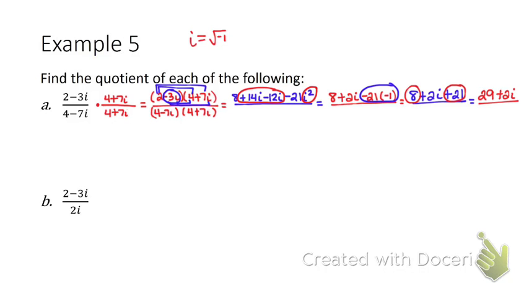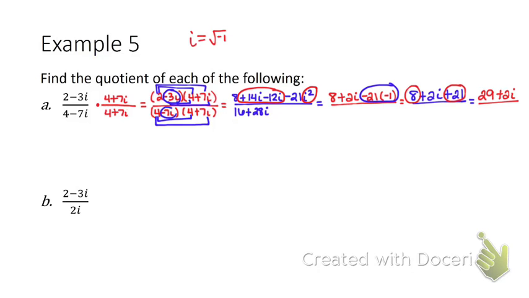All right, so let's work in the denominator. We're going to do FOIL again. F is for first: 4 times 4 is 16. O is for outer, or outside: 4 times 7i is 28i.